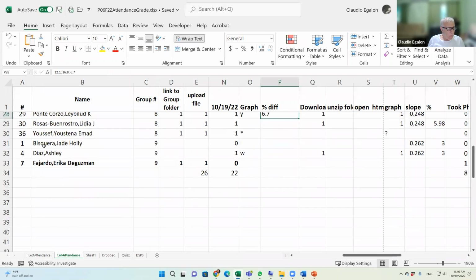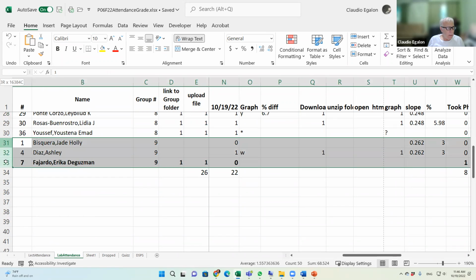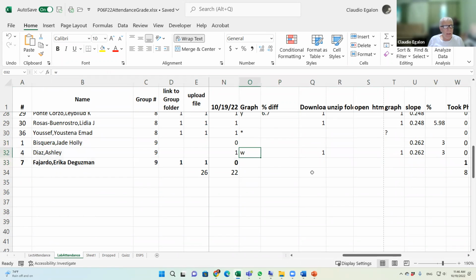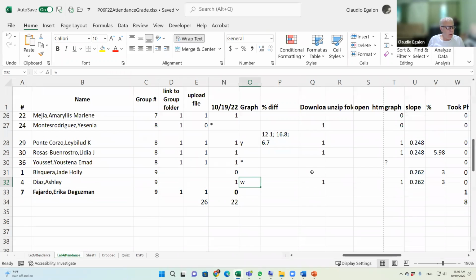Okay, and now group 9. Ashley, did you plot the two graphs? I have it plotted, but I'm still trying to figure out the percent difference in the slope. Okay, so you did plot, right? But you didn't get the percentage difference yet, right? Yeah.